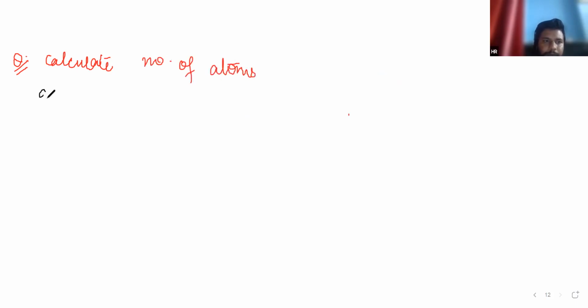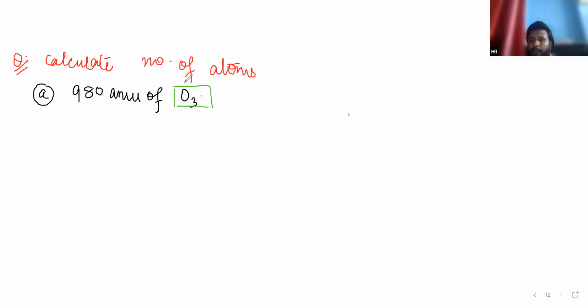Okay, I'm giving you a very easy question. 980 AMU of O3. Just let me know, what does this O3 mean to you? Is it an atom or a molecule? What is it? Arsalan and Azhar both can answer me.